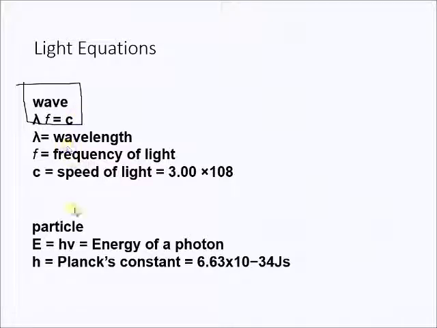You're going to use this equation here, where lambda, this cool little Greek symbol, stands for your wavelength. You're going to want to use nanometers as your standard unit. The F, sometimes you could see it as a fancier F, but PowerPoint really doesn't let you do that, so it's an italicized F here.